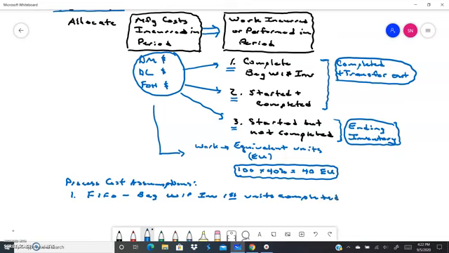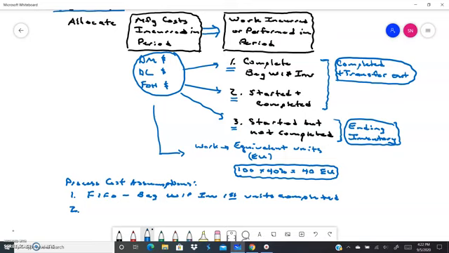So if we've got something that's in beginning work in process inventory, before we do anything, the assumption, at least as far as cost flow, is that those are the first units that are finished before we do anything else. Okay, so that's going to make things easier for us. It's going to eliminate the need to worry about beginning inventory because we're going to automatically assume that it's going to be part of the completed units.